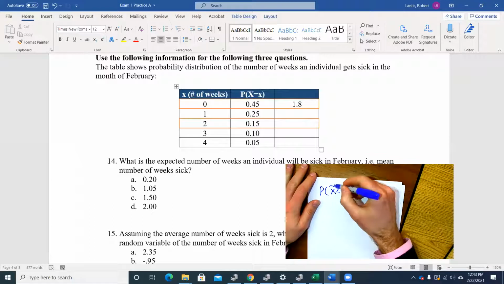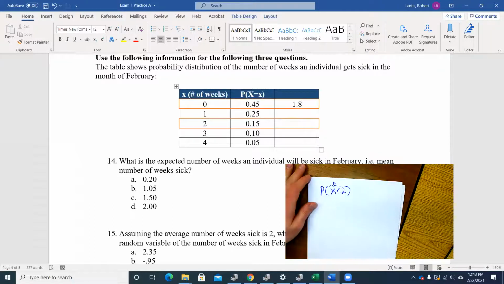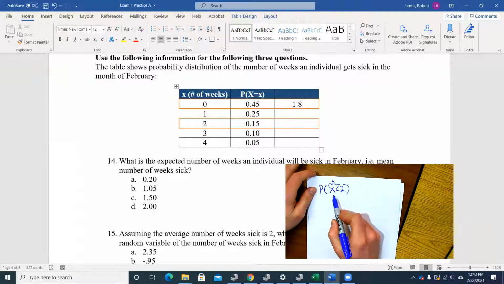But if I think about this as event A, the probability of A is just the probability of each outcome that's in that event, right? Because I can't see someone be exactly sick for 0 weeks and exactly sick for 3 weeks at once. There's no overlap there. So I'm just looking for the probability of each outcome in this event A.